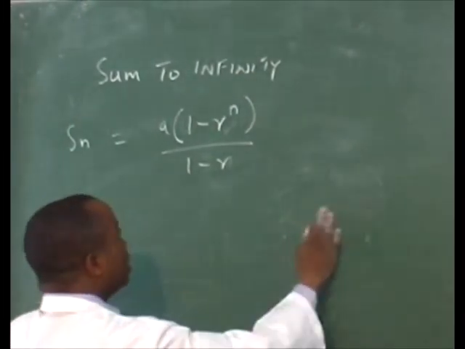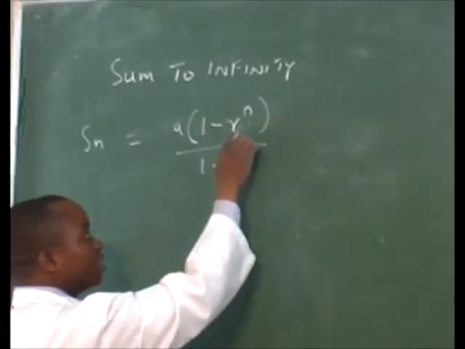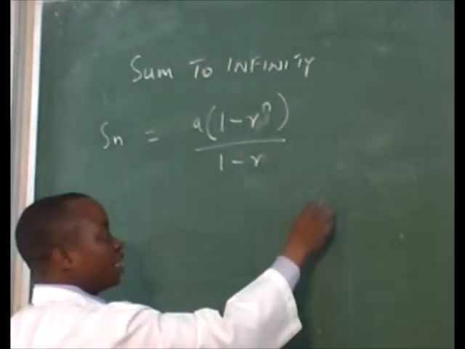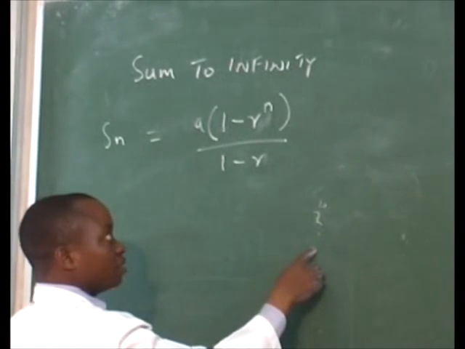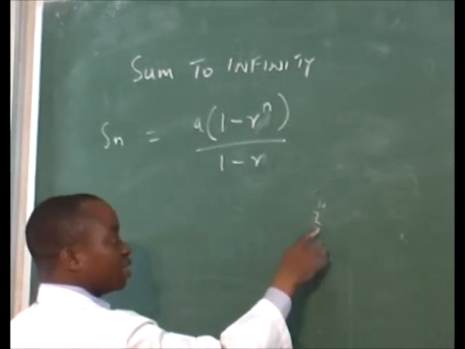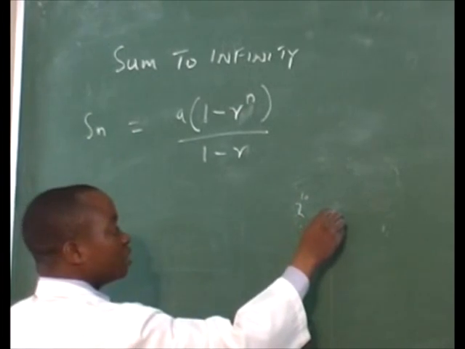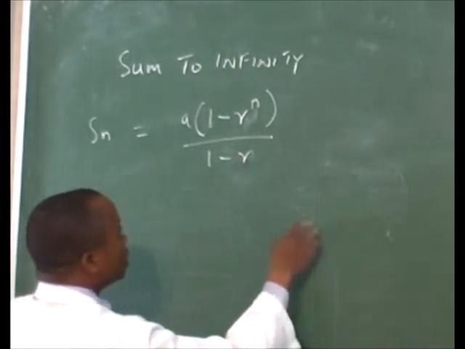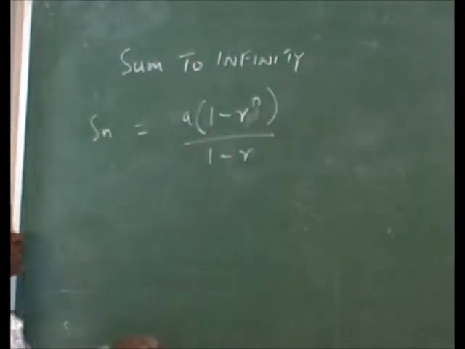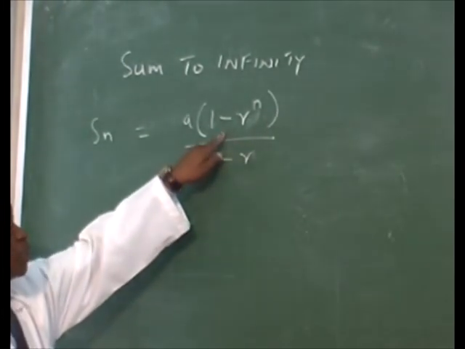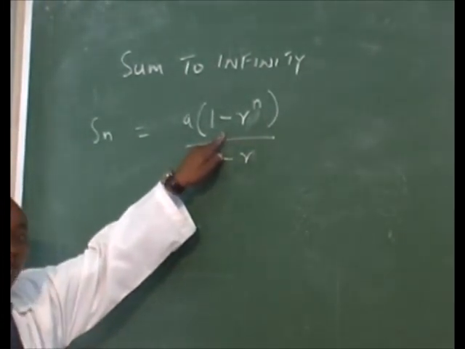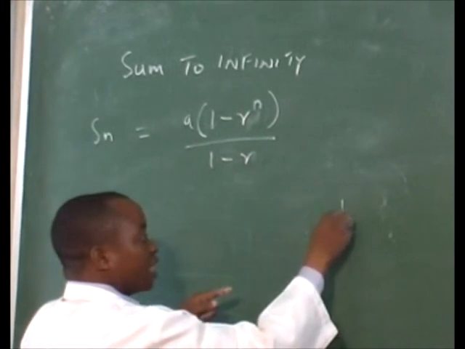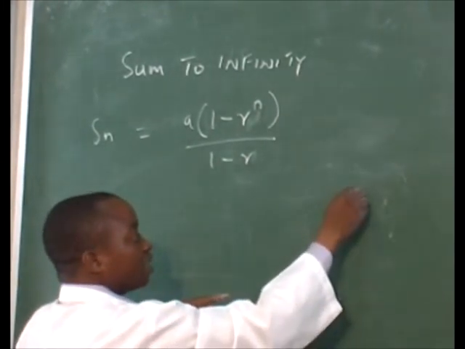Okay, now, for instance, if R here is 2, and it is raised to the power n, when n is 10, it will not be the same when n is 100. You see that this formula is for when R is less than 1. So it's not even up to 2. So when R is, let's say, half, and then half is raised to 10.